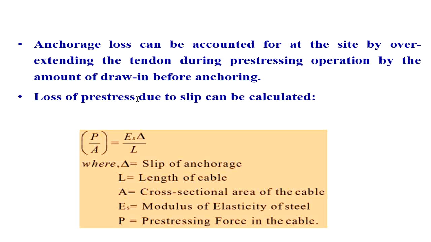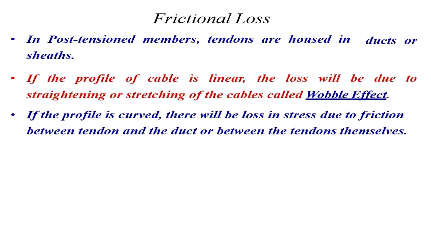Then the loss of pre-stress due to the slip can be calculated as P by A, the loss of pre-stress, equals Young's modulus of steel into deformation delta divided by L. Young's modulus of steel will be known to us. L is the span, and delta is the deformation. Then we can easily calculate the loss of pre-stress due to the anchorage slip.